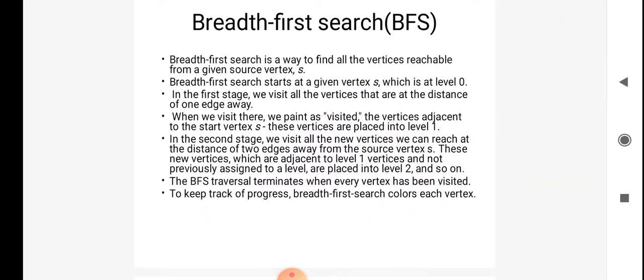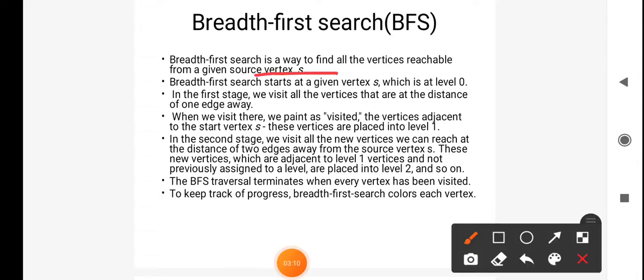So what is a BFS search? BFS search is a way to find all the vertices reachable from a given source vertex S. It starts from the given vertex S, and S is at level 0.